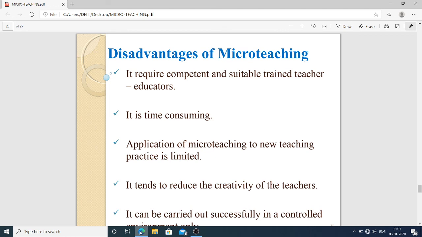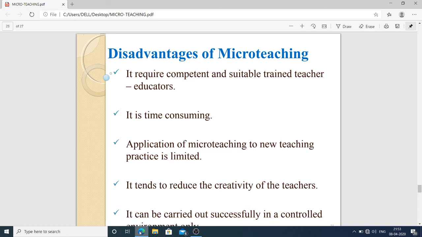Then there are some demerits also. It requires a competent and suitably trained teacher educator. Your teacher, your supervisor should be more competent and motivate you to achieve the target of higher competency in the teaching profession.